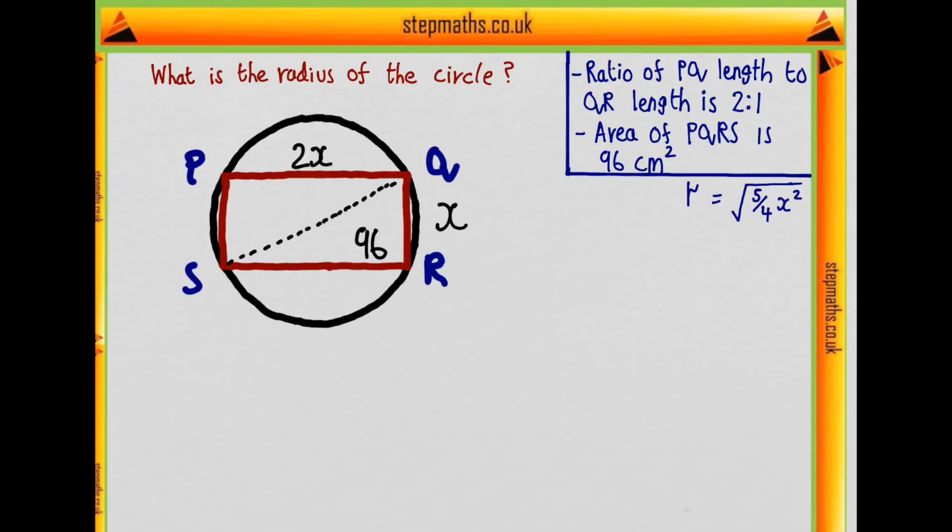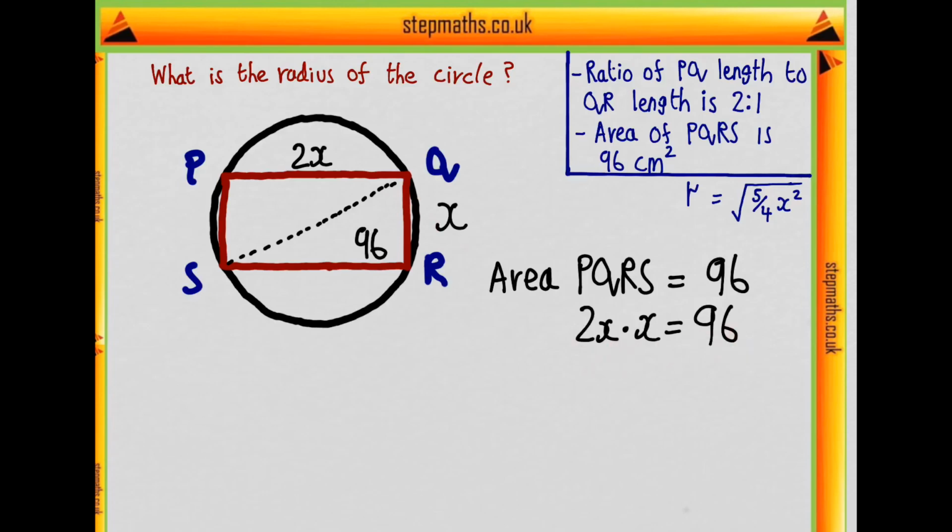So let's find x squared, so we can sub it into here. We know the area of PQRS is 96, and for area of rectangle, length times width, so 2x times x gives 96. So from this, 2x squared is 96, so x squared is 48. Great. So now we can put this information into here.